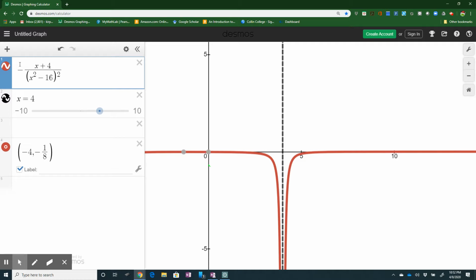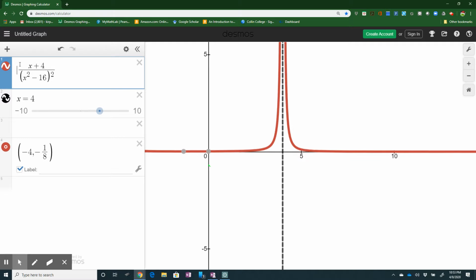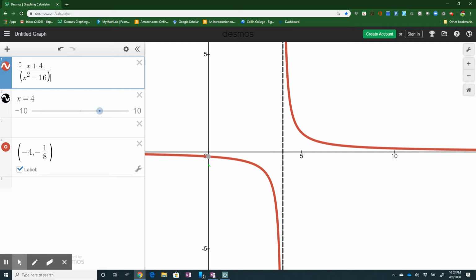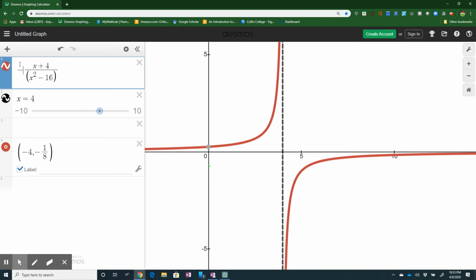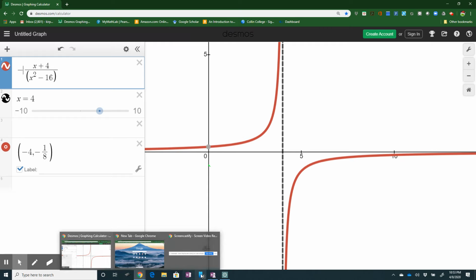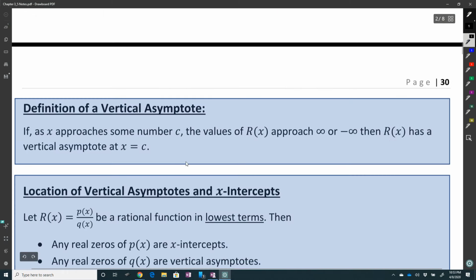So those are the behaviors of the asymptote. You can either go down on both sides, up on both sides, get rid of that squared. It can flip-flop like that, or if you put a negative in front, it can flip-flop the other way. Those are the different shapes. Anyway, going back over here, that's what an asymptote is.